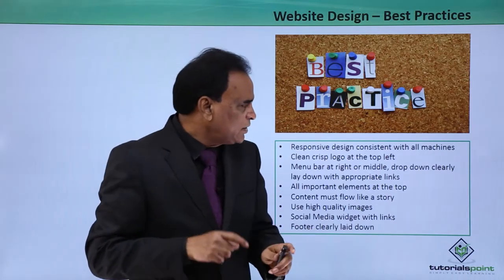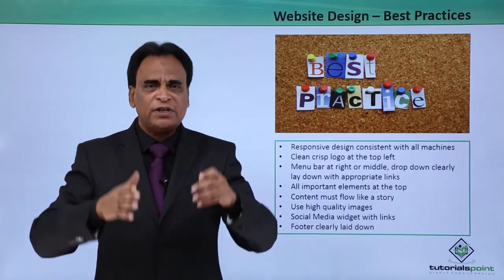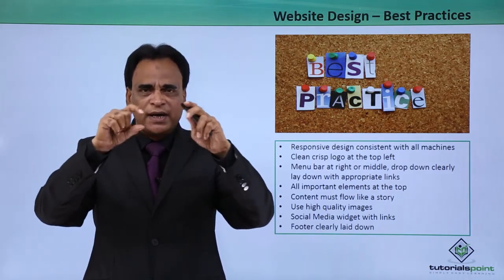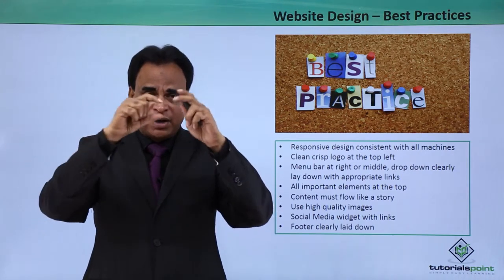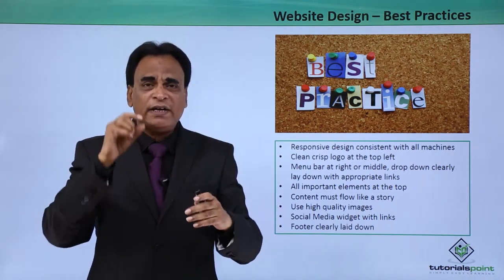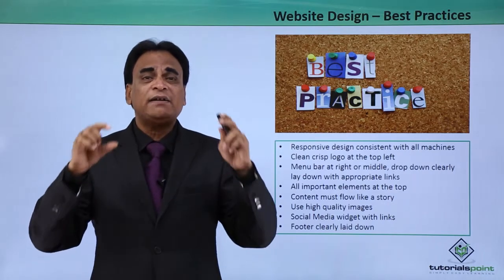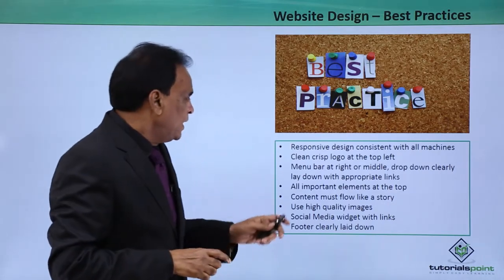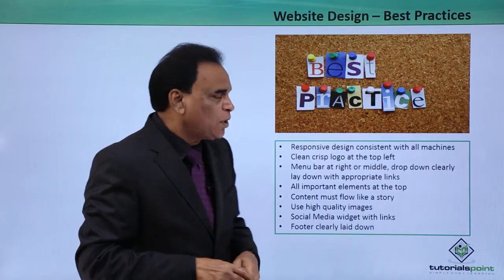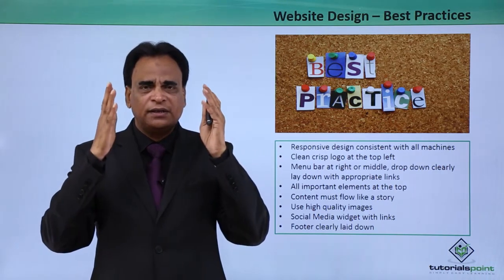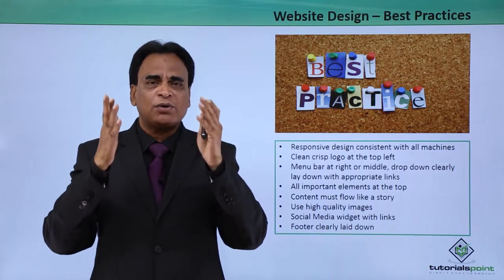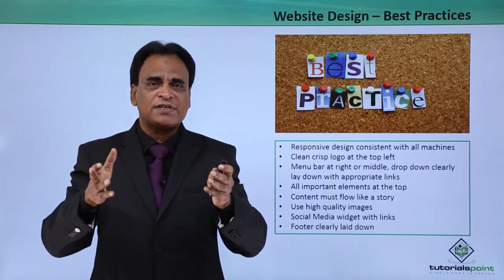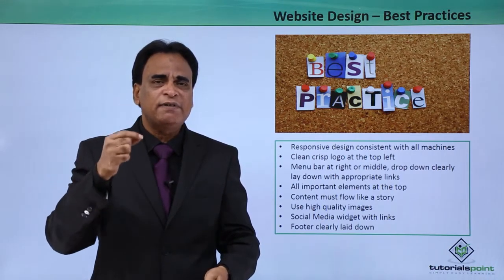Menu bar at the right or the middle, and the drop down clearly. When you have the home page, the menu bar has to be at the top, either right side or in the middle, and the drop down when clicked has to be very clear and clearly displayed. Links laid down with appropriate links. The links that are available on the website home page navigation system have to be very clear.